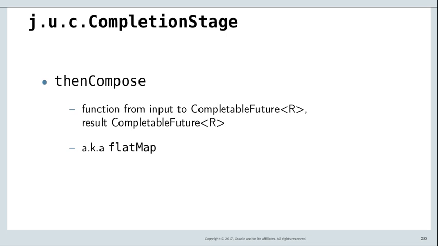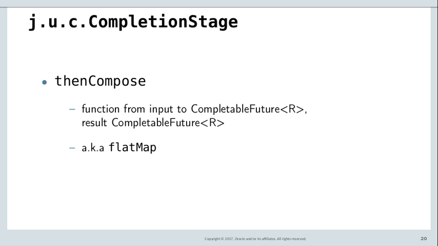thenCompose is the most powerful method of CompletableFuture. If we have a function which takes input and produces not some arbitrary result, but a result whose type is CompletableFuture itself.